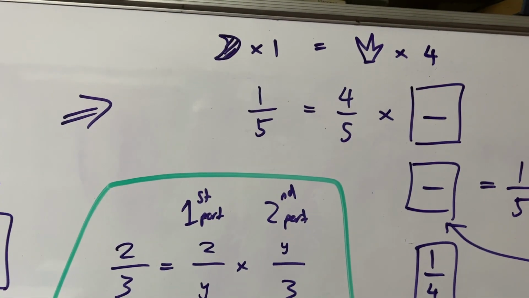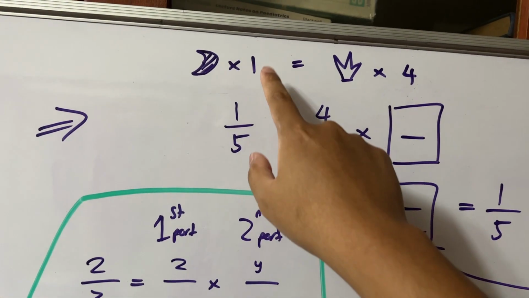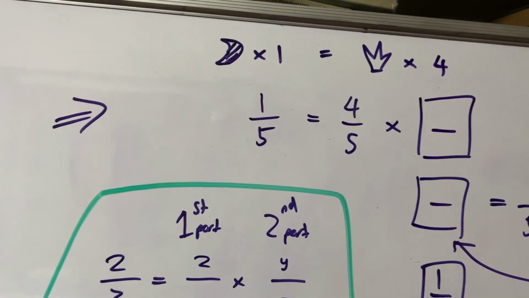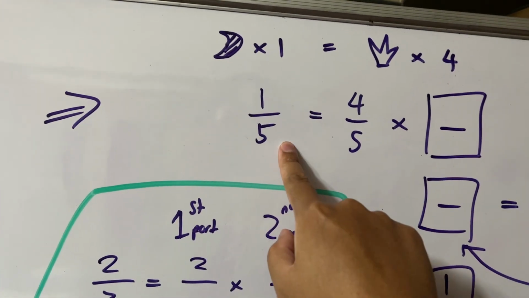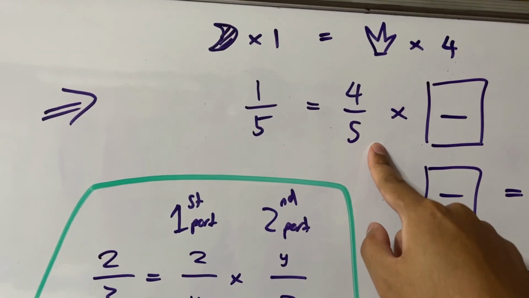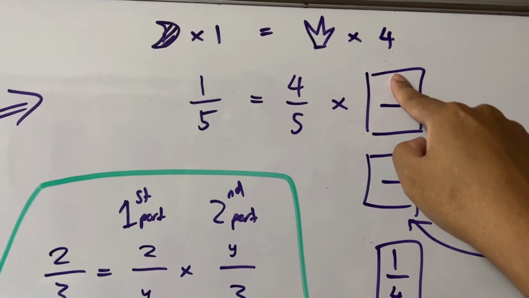So I said to myself, explain the probability of moon in terms of the probability of crown. So the probability of getting moon is 1/5, and the probability of getting crown is 4/5. So in order to get 1/5 out of 4/5, I need to multiply it with something, right?